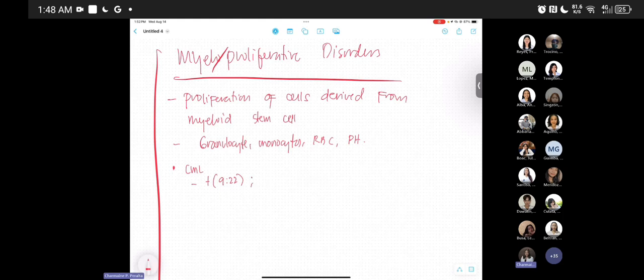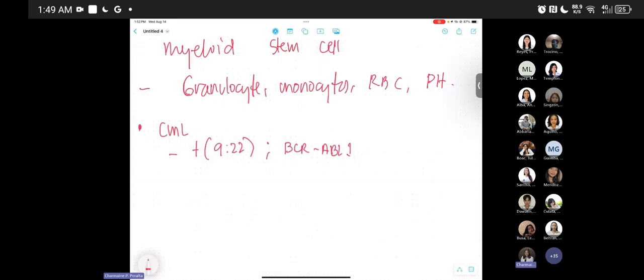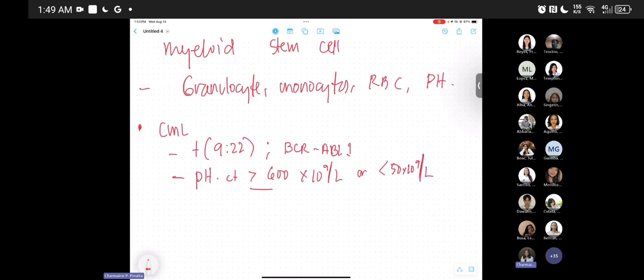Ang tatandaan nyo lang dito sa translocation na to, ang involved na gene is si BCR-ABL1. Ang platelet count can be greater than 600 times 10 to the 9 per liter. Ang normal is 150 to 450,000. So it's either ang platelet count is sobrang taas or sobrang baba, less than 50 times 10 to the 9 per liter.